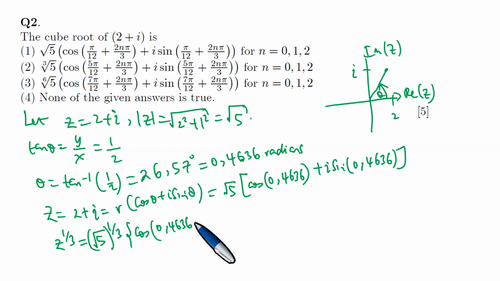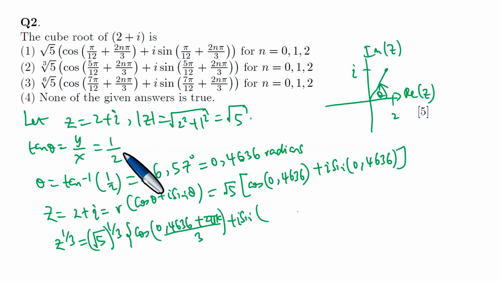You add to it 2 pi k, and now you want to divide by 3. We need to compare with these answers and see if any of these works out to that.